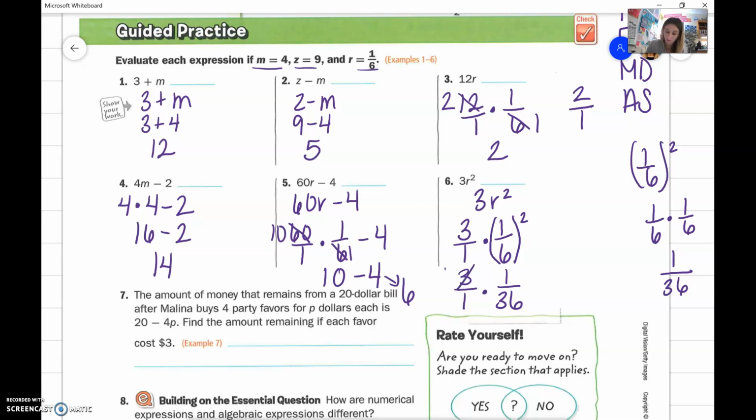Yes. 3 divided by 3 is 1. 36 divided by 3 is 12. Now I'm going to multiply my numerators: 1 times 1 is 1, and 1 times 12 is 12. My answer is 1/12. Can you get a fraction as an answer? Yes, you can. Right there, we just did one.